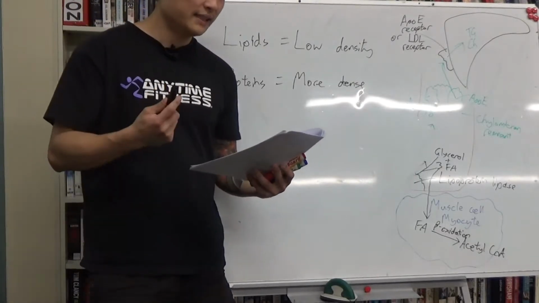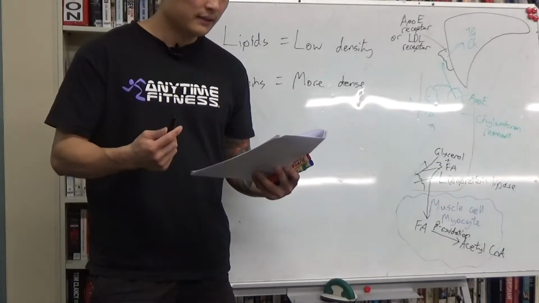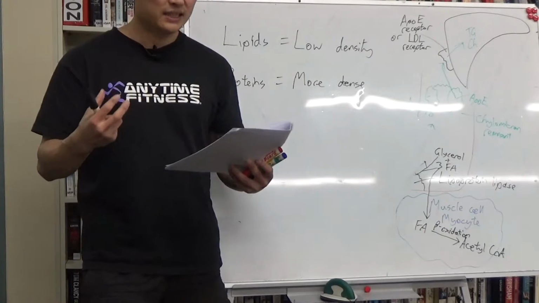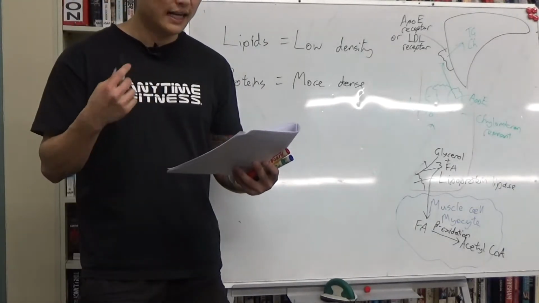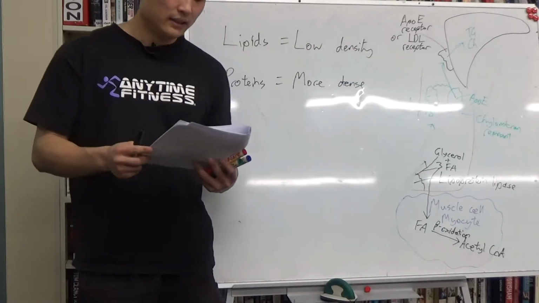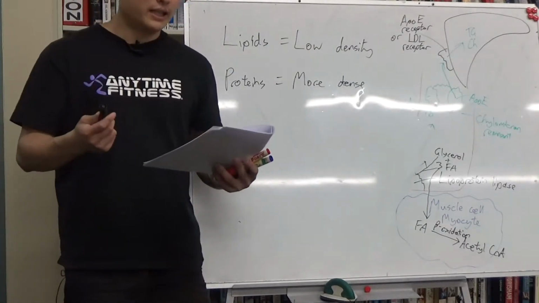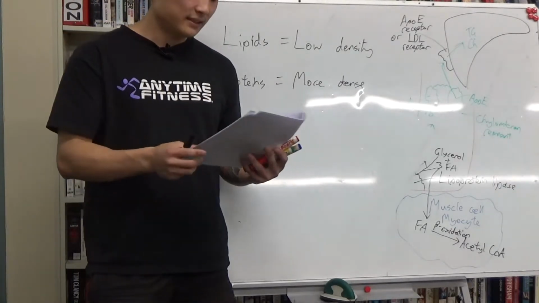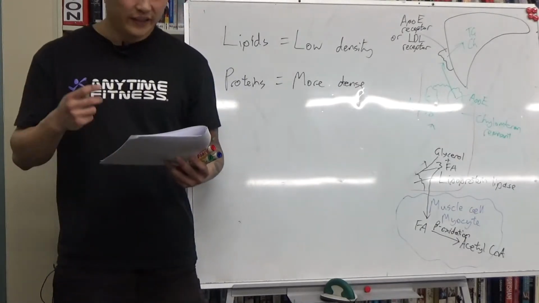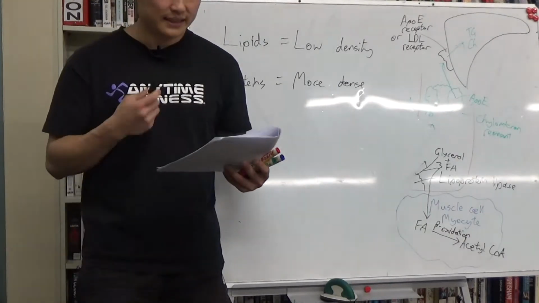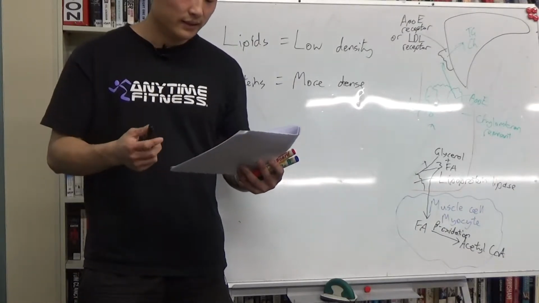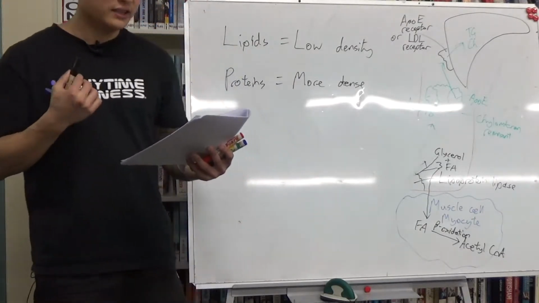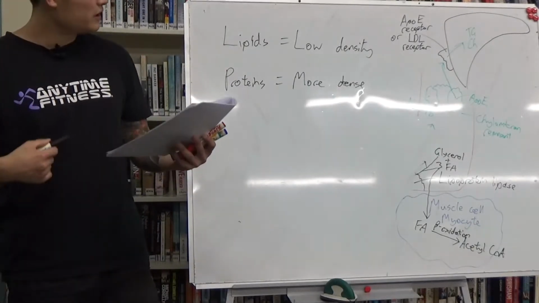And they're a little bit denser than chylomicrons because they don't have as much triglycerides, but they're not as dense as low density or high density lipoproteins, which should be pretty obvious looking at the names. Okay, so VLDLs are very similar to chylomicrons, except that they have a slightly lower triglyceride content and are made in the liver. And their job is also to deliver triglycerides to the peripheral tissues.